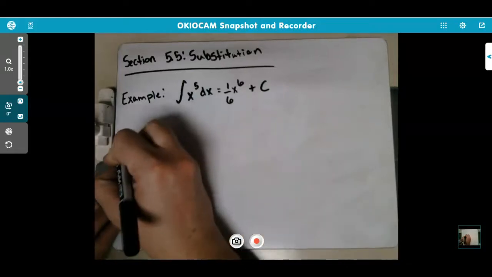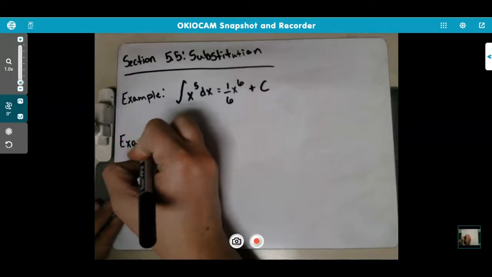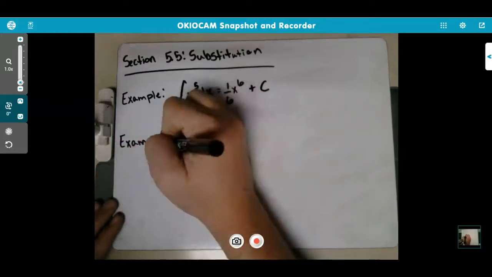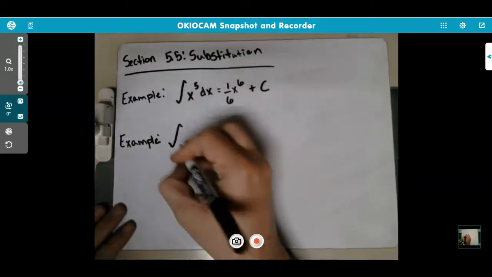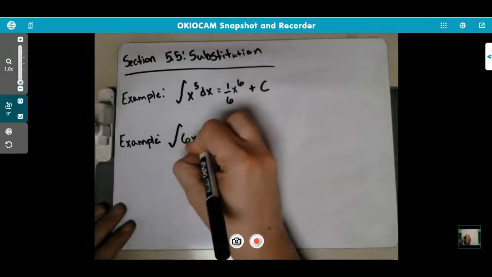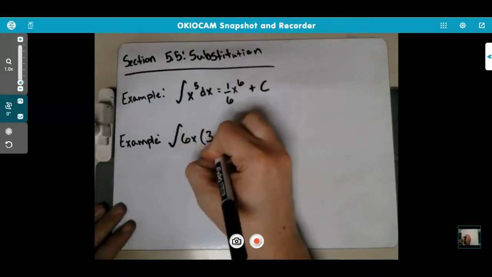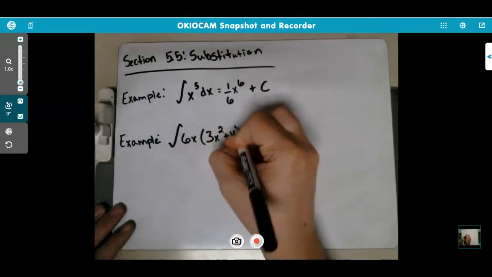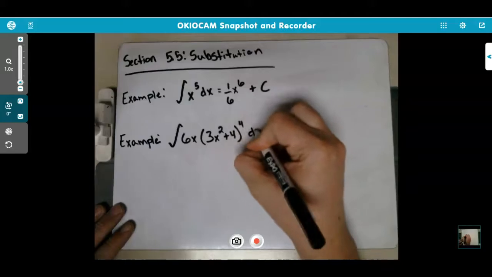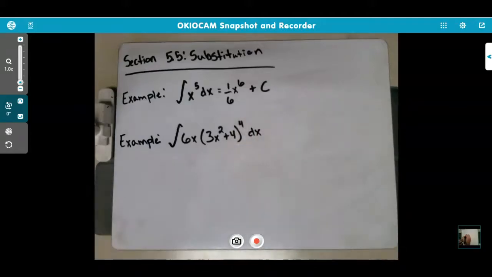Okay, now let's look at an example where I might need substitution. Let's do the integral of 6x times the quantity 3x squared plus 4 raised to the 4th dx. Now looking at this straight up, it looks pretty hard.